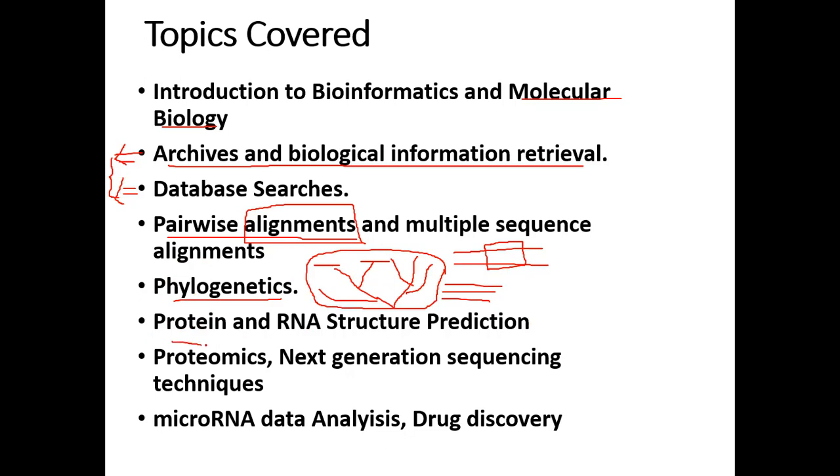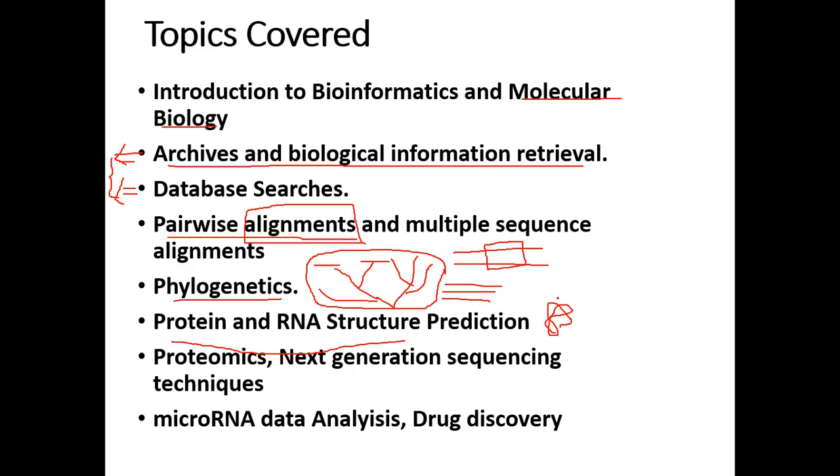And protein and RNA structure prediction. So proteins are the main functioning body in humans and all the other organisms. So once we have the protein sequence, you know about proteins, isn't it? I think in all levels you learn about proteins.